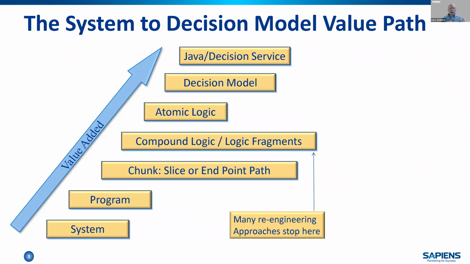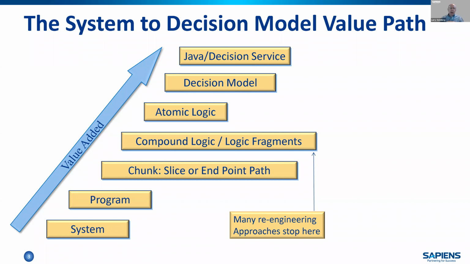In terms of value add, it is a very significant improvement from most of the projects that are out there where logic fragments are derived from legacy systems and then reproduced in business rules and or in some form of code representation.